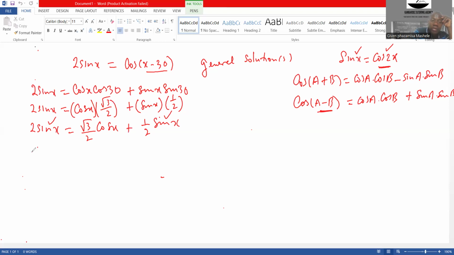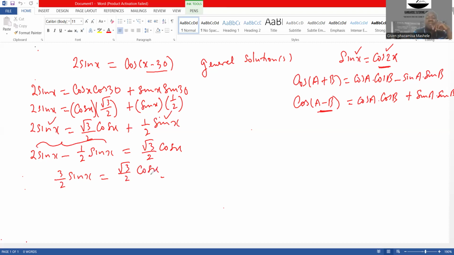So we can say we have 2 sine x minus half sine x, then this gives us root 3 over 2 cos x. Since these are like terms, 2 sine x minus half sine x will give us 3 over 2 sine x equals root 3 over 2 cos x.